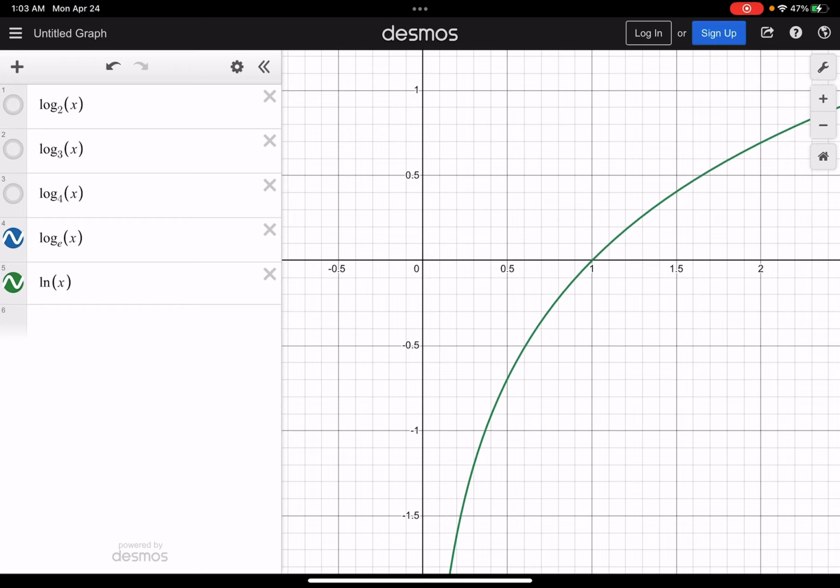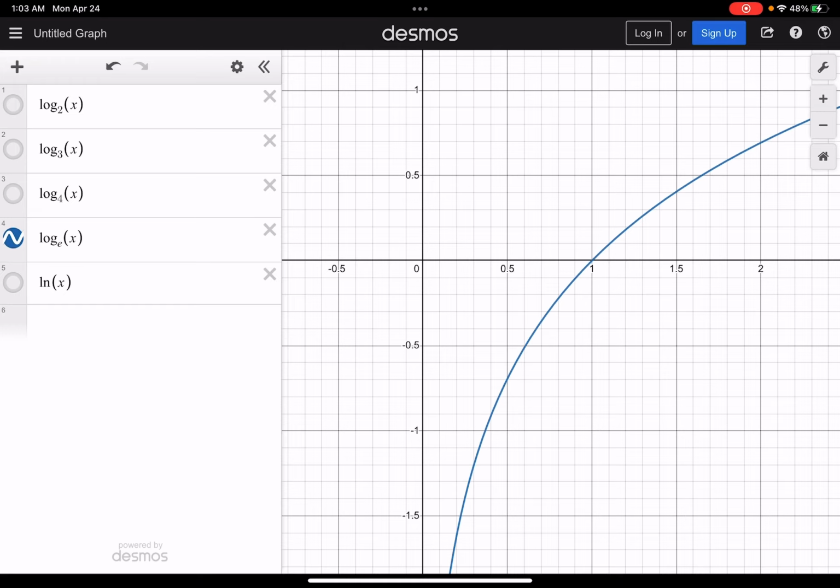The reason is because e, the same way I'm sure people have heard of pi, 3.14, well, e is also a very special number. e is about 2.7. It's an irrational number, but we approximate it with 2.7.